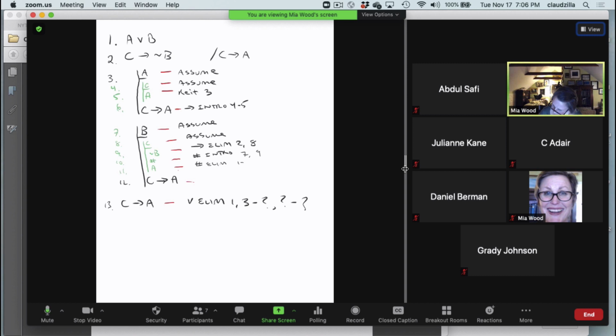And then again, conditional intro. This one is a little bit longer, 8 through 11, if I'm not mistaken. And then finally, we can replace our question marks with 3 through 6 and 7 through 12.